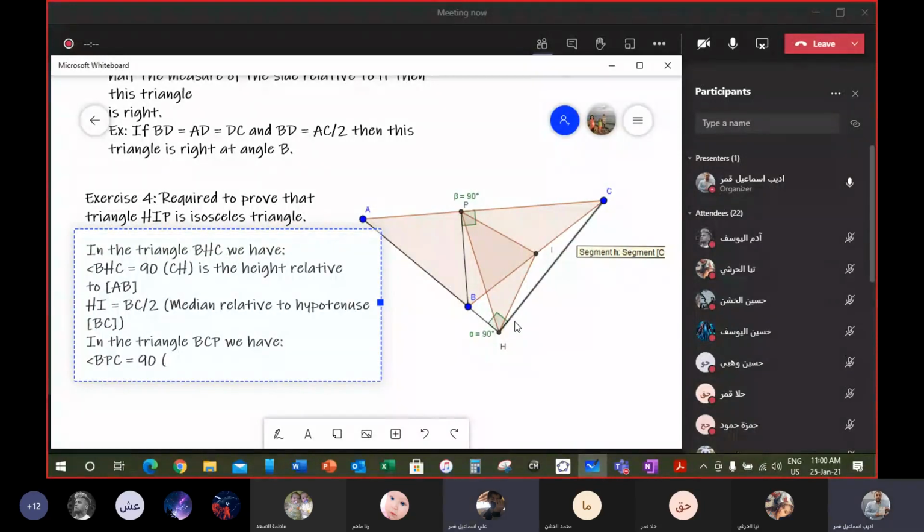Given, because HP is the altitude. No, not IP, BP. BP, Ali Kamar, is the altitude relative to AC.